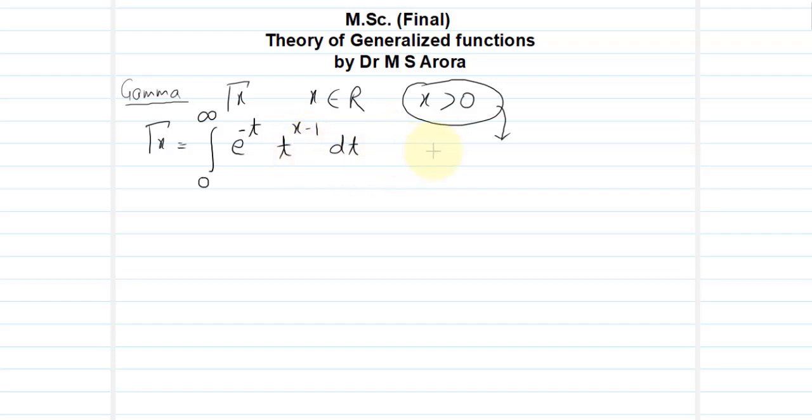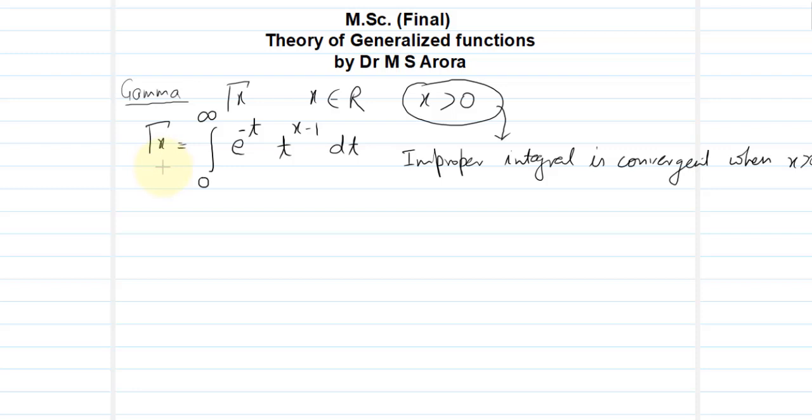It can be very easily proved by using standard comparison theorems for convergence of improper integrals that this improper integral is convergent when x is greater than 0. So this condition is there.